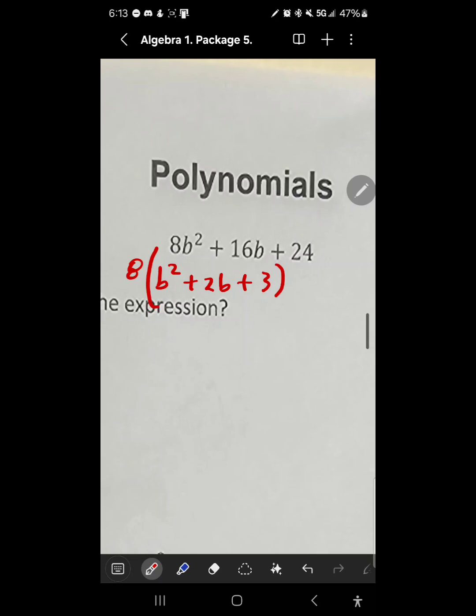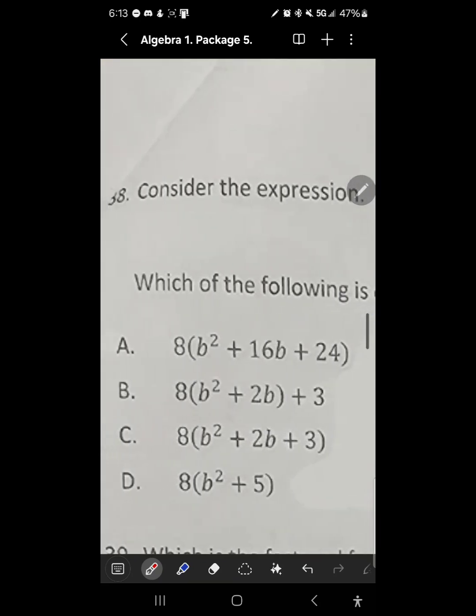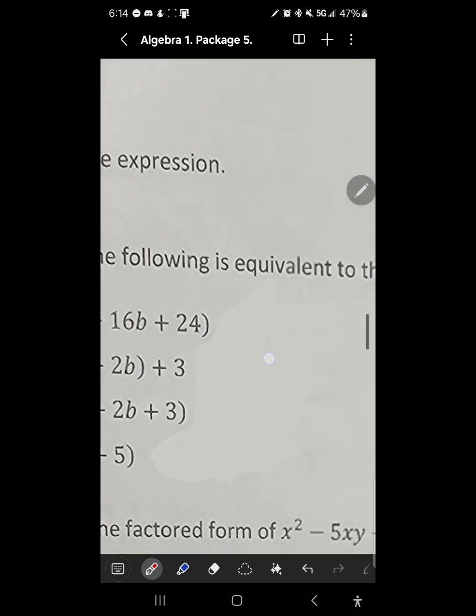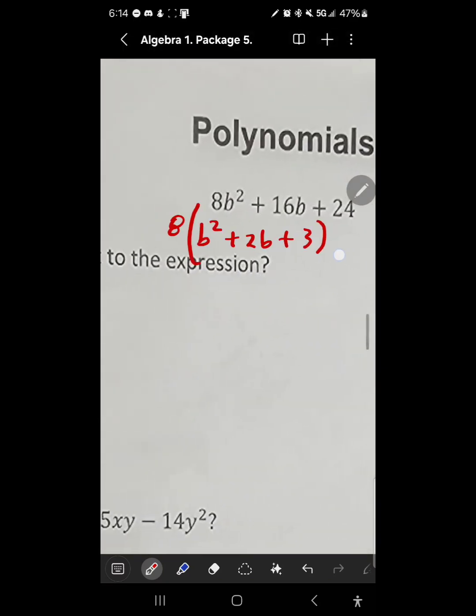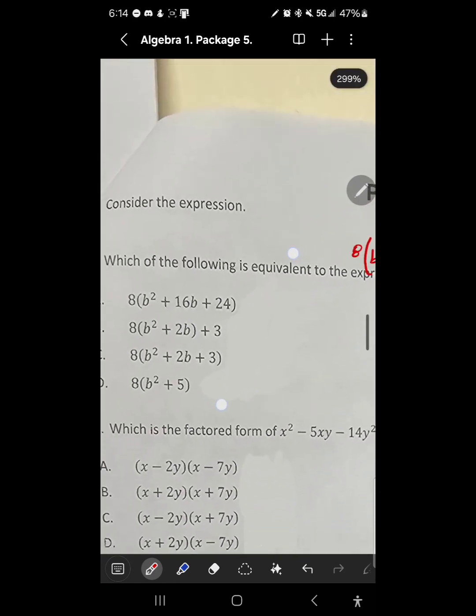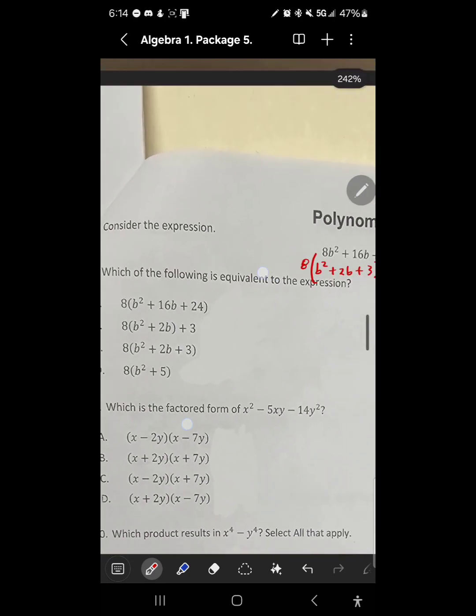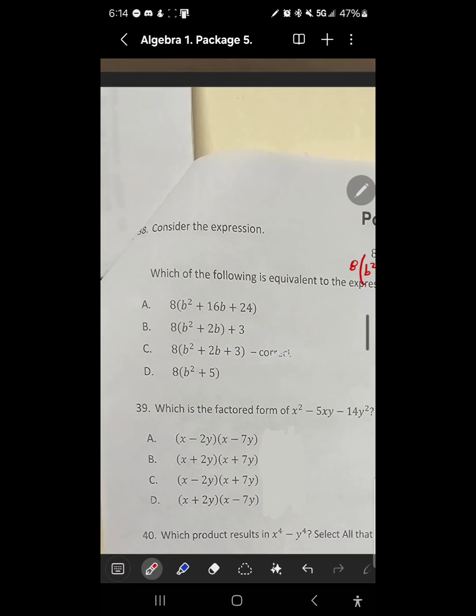Now I want two numbers that multiply to give me this and add together to give me this. I don't think I can find them. So as you can see, this is the same answer we have right now. So yep, you just saw this is the correct answer.